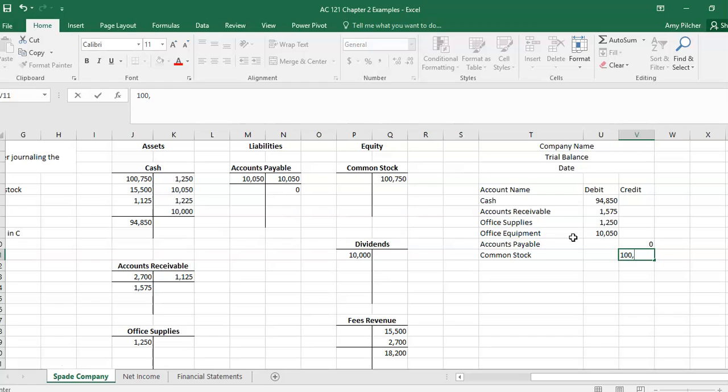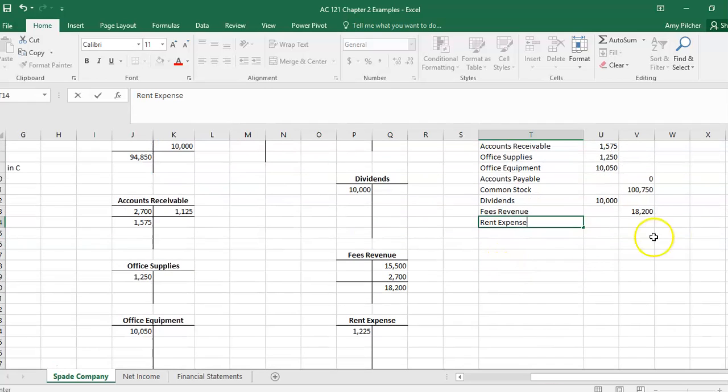Common stock, $100,750. Dividends of $10,000. Fees revenue, $18,200. And rent expense of $1,225.